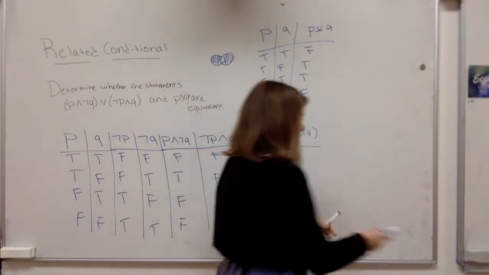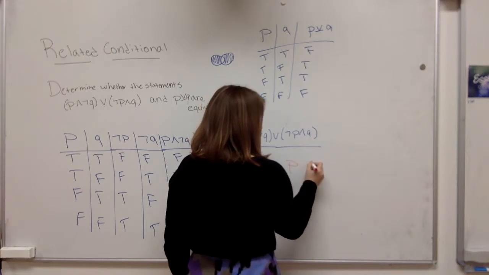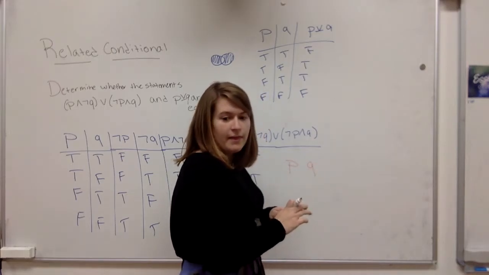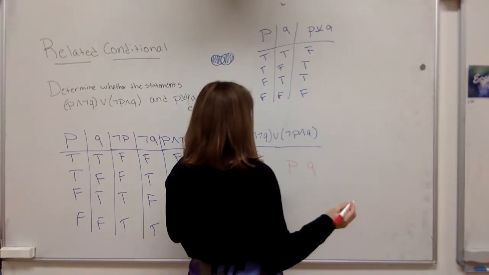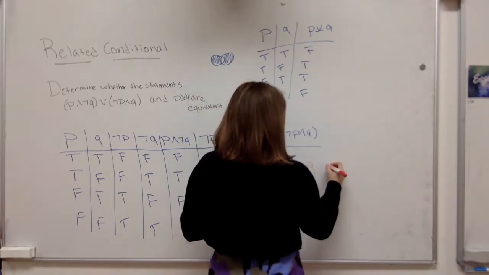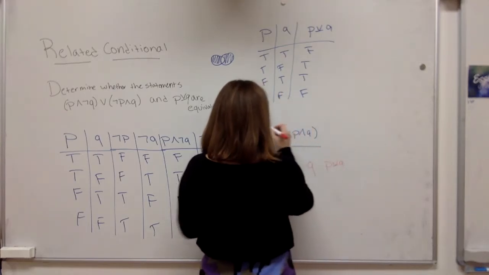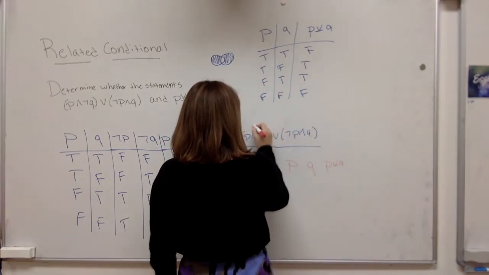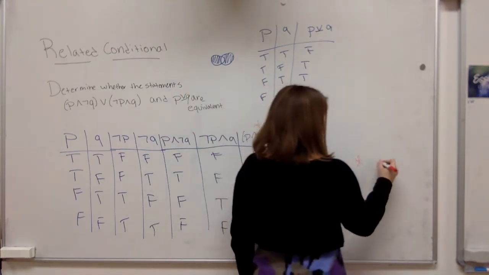I'll do it in another color so that it's not confusing. So we have a new truth table that's P, Q, and then it's going to be kind of long. All right, then we have P exclusive disjunction Q. Then we have, I'll call this star, then we have the star column.